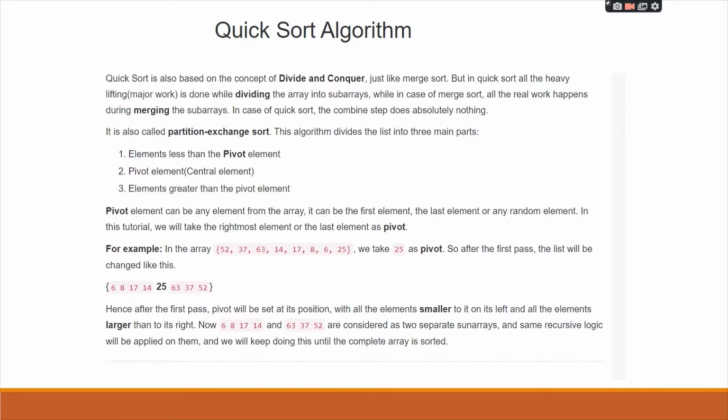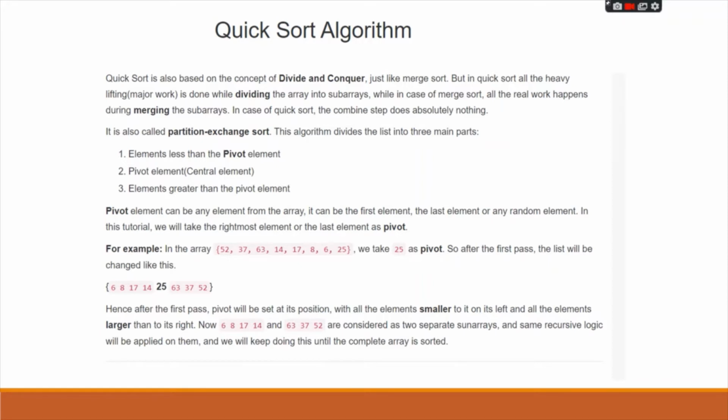For now, to explain it in a more detailed manner, I'll be taking an example. We have taken here an unsorted array comprising 8 elements. From 52 to 25, a total of 8 elements are there, and these are unsorted elements. As I told you earlier, we'll be taking the last element to be the pivot.